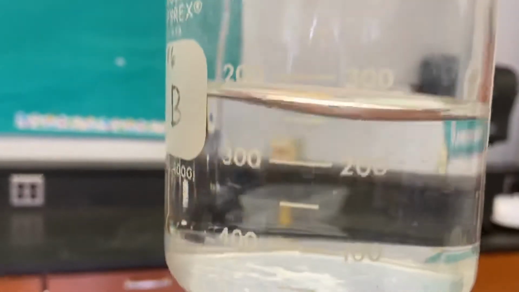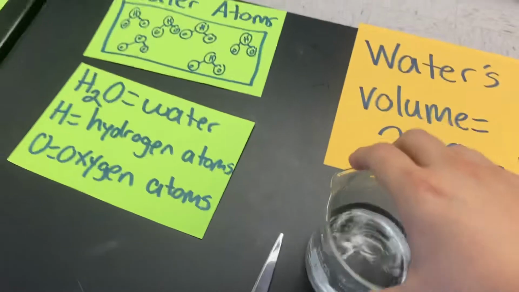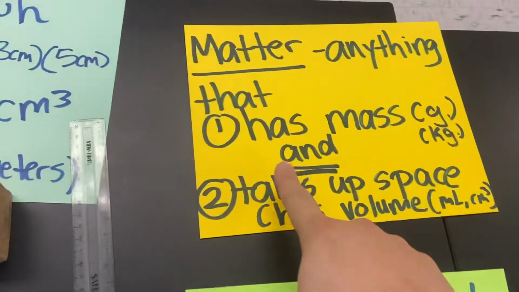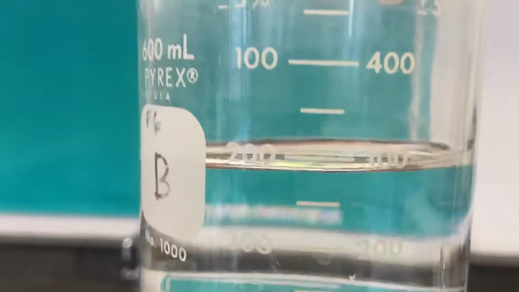Coffee, soda, juice, liquid mercury. All liquids have mass. But do liquids take up space or have volume? If you look at the side of this beaker, it tells you the volume, or how much space it takes up, in milliliters.